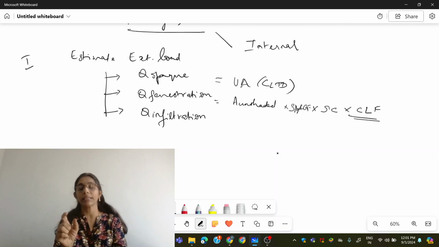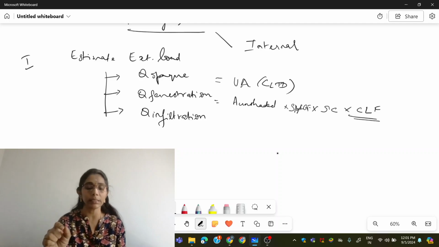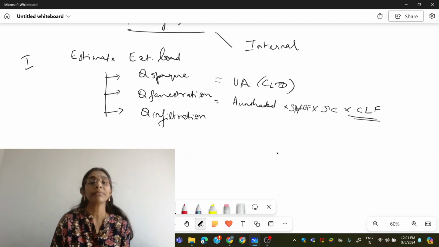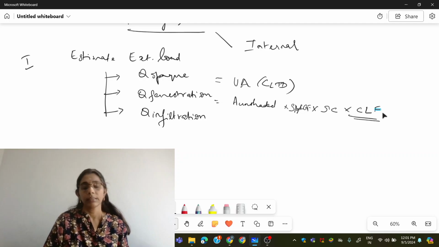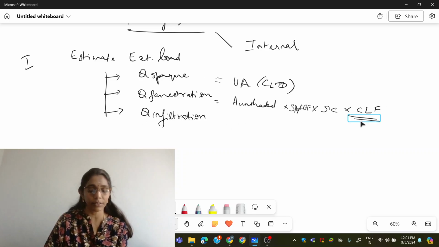This decrement factor and time lag are accounted for in the CLF, the cooling load factor. This cooling load factor will always be less than 1. So this is how you calculate the fenestration: unshaded area into the solar heat gain factor into the shading coefficient and the CLF, right? And the decrement factor.